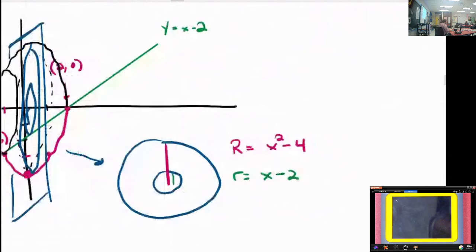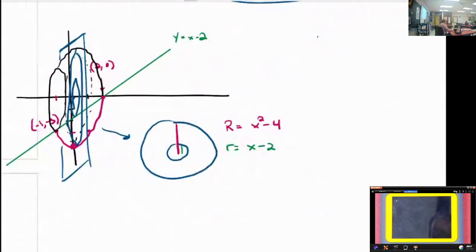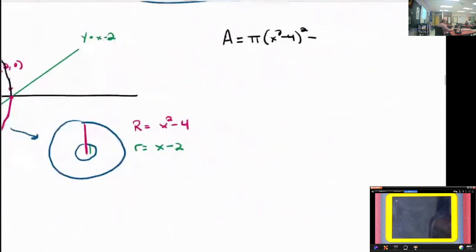So this problem is going to shake out pretty similar to the last few. The area of any given washer is going to be pi times x squared minus 4 squared minus pi times x minus 2 squared. I'm just showing all of the work here. At this point, you're probably familiar with jumping ahead a few steps because it's the same stuff every time, but I am just showing you everything going on there.